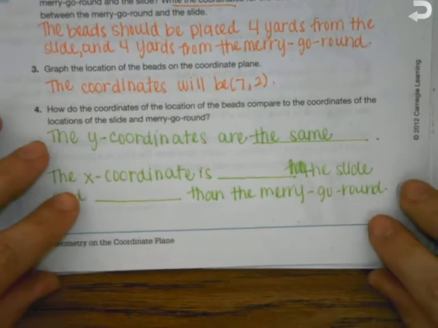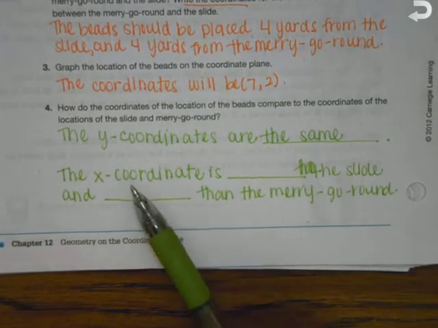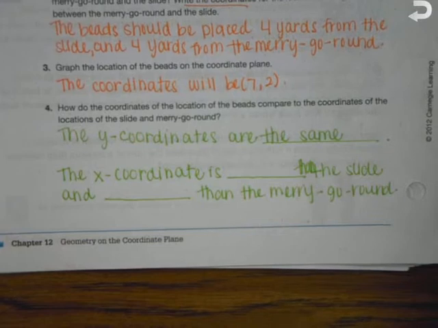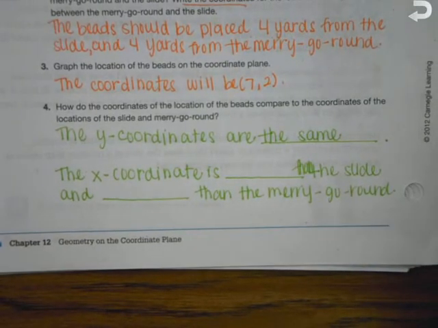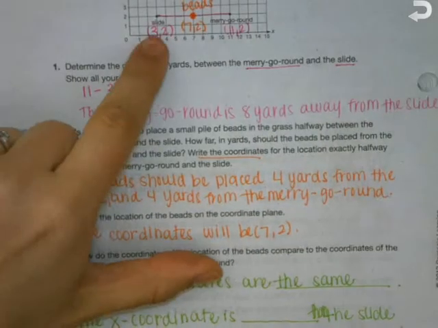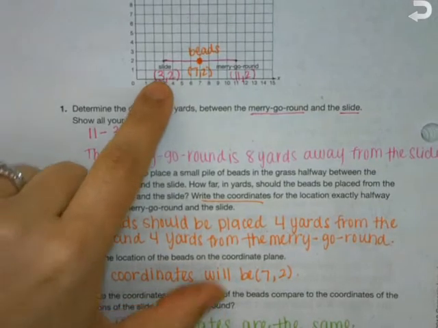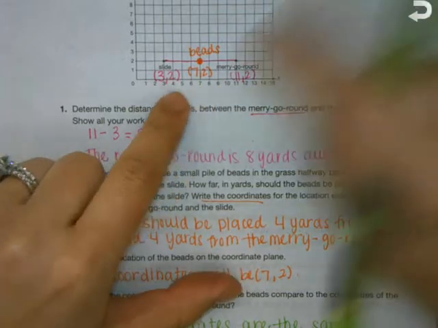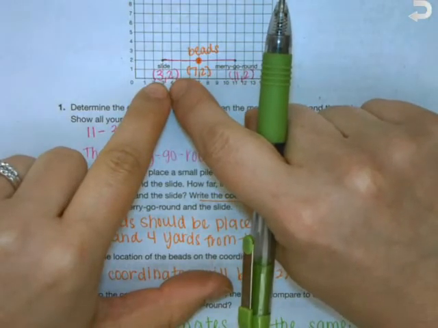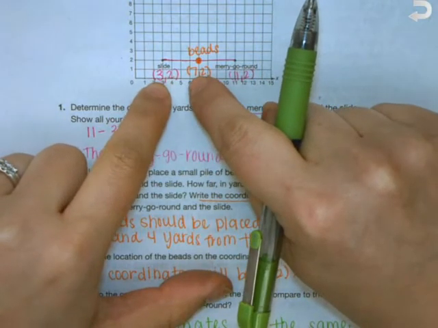So how did the x coordinates compare from the beads to the slide? What was the x coordinate of the slide? What was the x coordinate of the beads? The slide was 3 and the x coordinate of the beads was 7.